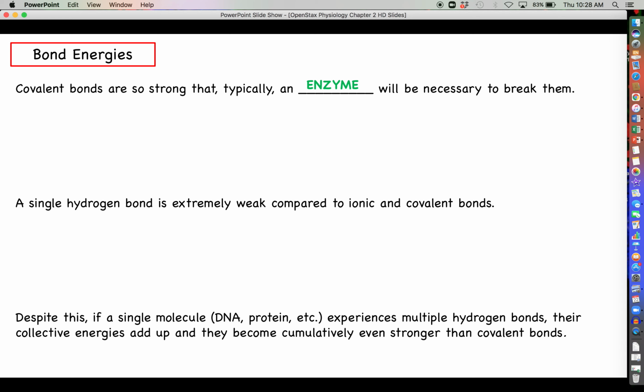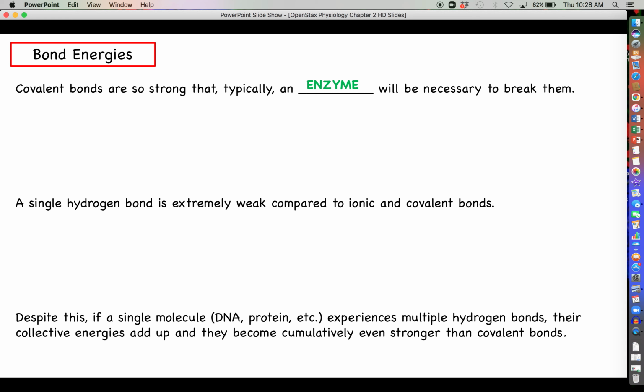So a single molecule, whether it's DNA, which I just mentioned, or proteins, is held together in part by hydrogen bonds, as we will find out a little bit later. If a single molecule is being held together by multiple hydrogen bonds, those collective energies, while the individual energies of those bonds are not very great, if you add them all up, a network of hydrogen bonds becomes cumulatively much stronger than an individual covalent bond.